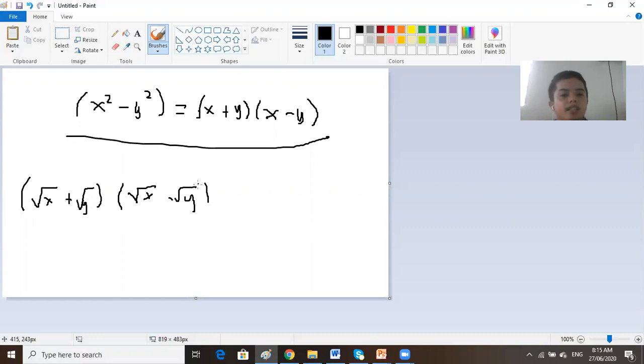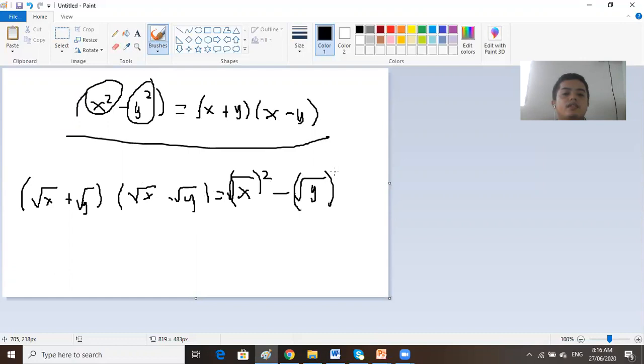Applying this, first you square the first term, then minus, you square the second term. As you have noticed, the square root of x raised to square can be written as the square root of x squared. Likewise, the square root of y squared.